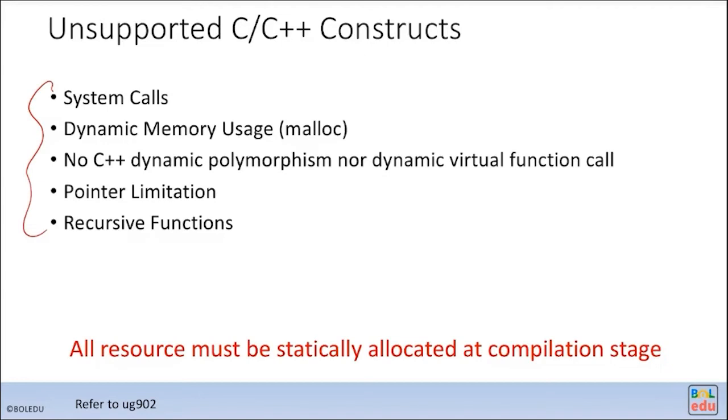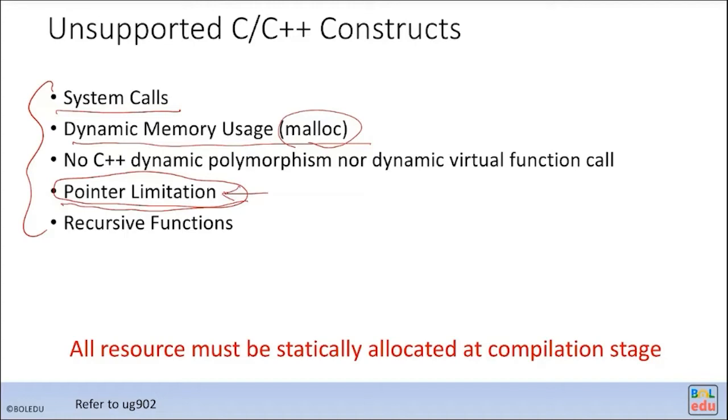The following constructs in C are not supported in HLS. First are system calls and dynamic memory usage, like malloc. There is no C++ dynamic polymorphism and no dynamic virtual function call. There are a lot of restrictions on pointer usage. We know C++ uses a lot of pointers, but HLS has very limited use of pointers.